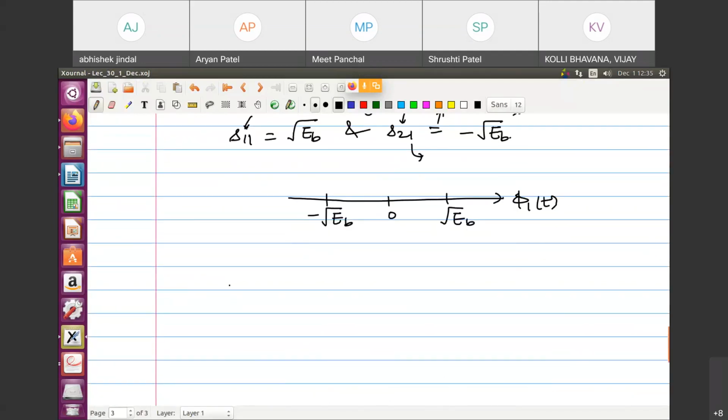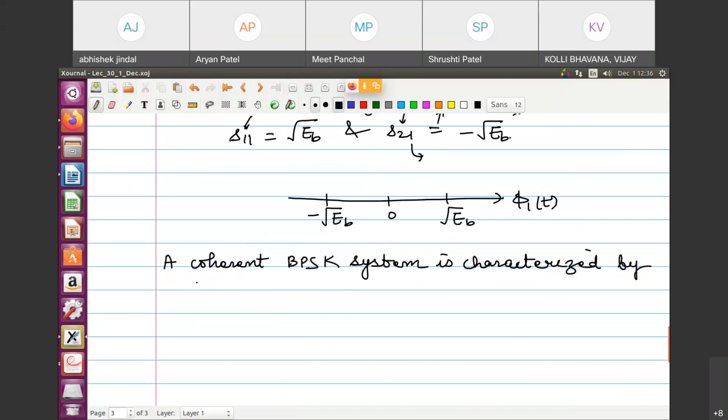So what we can say right now is that a coherent BPSK system. Now, why are we using coherence? We will see that in the receiver design, we will be using this phi 1 t. It means we will assume that this phi 1 t is exactly and correctly known to us. A coherent BPSK system is characterized by a signal space that is one-dimensional.